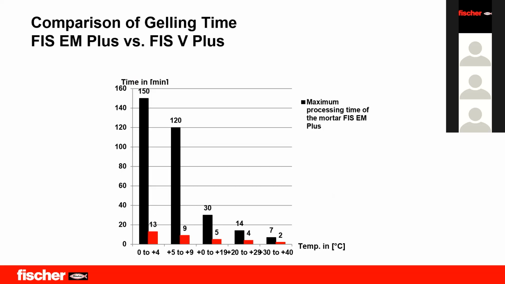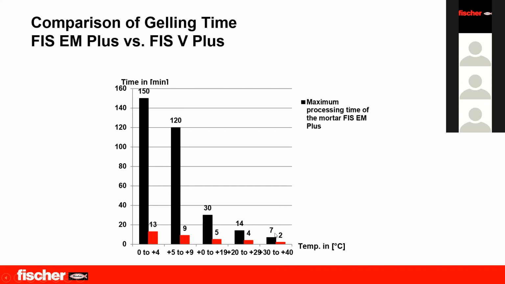Here is an interesting graph. As you see, it's epoxy mortar, FIS EM Plus for epoxy and FIS V for vinyl ester. You can see the gelling time, the time in minutes, and the temperature. Since the Middle East region is almost 30 to 40 degrees Celsius, we can see how the epoxy performs over here.